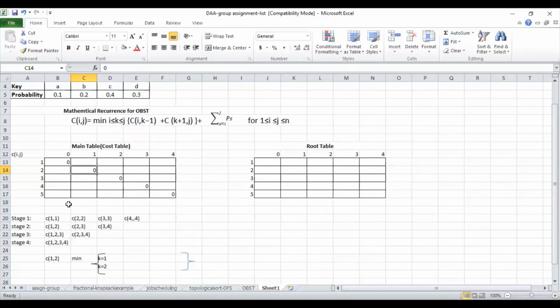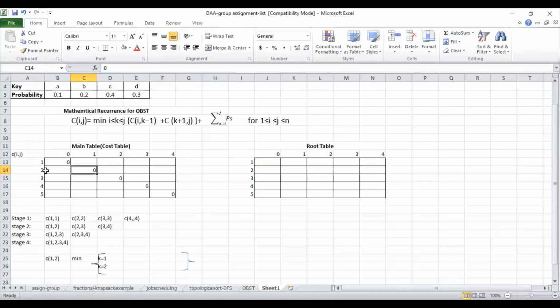Now let's go back to the root table and the cost table and find out how we can fill these entries. These entries are 0, 0, 0, 0. The diagonal entries are filled with zeros. Now consider the entry 21. Its optimal cost is entered as 0 because the keys that are chosen to be included into a BST can only be chosen in an ordered fashion.